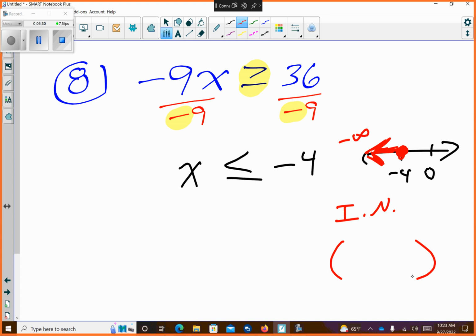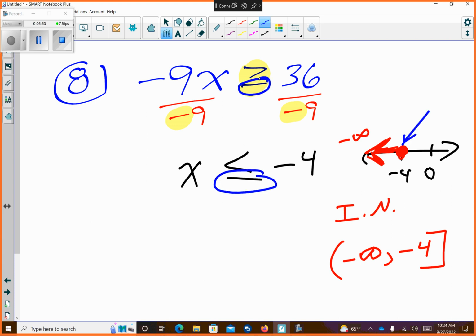So if I read that number line from left to right, what do I put first? Negative infinity. To -4. What kind of bracket's on the -4? Hard bracket. Why is it a hard bracket? Hard bracket because I have a solid dot here. I have the equal sign here. Okay? That's going to indicate a hard bracket. Notice the infinity still has a soft bracket, okay?